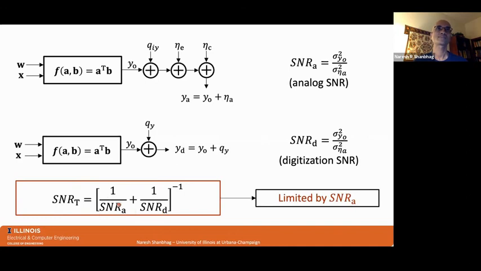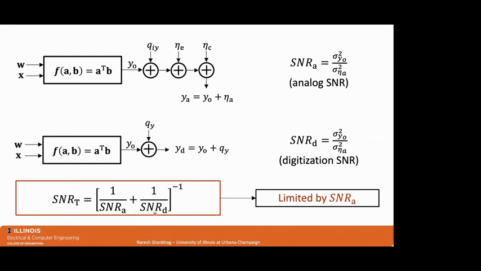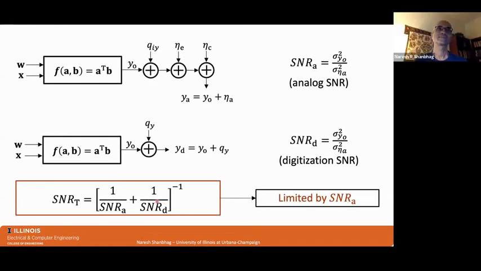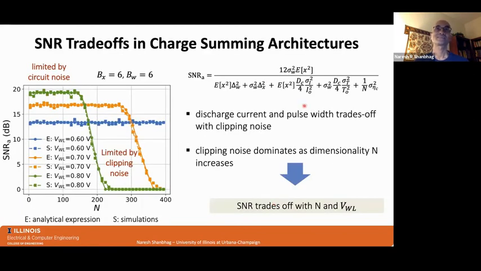There's an analog SNR, there's a digital quantization SNR, and we want the digital quantization SNR to be significantly larger than the analog SNR. So we are also limited by SNR-A. Fundamentally, before you reach the A to D converter, whatever happens in the memory core is your true limiter of accuracy of in-memory computing.